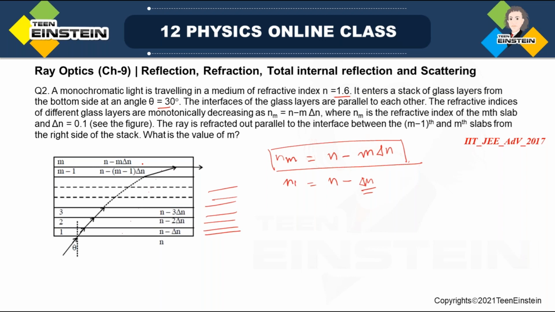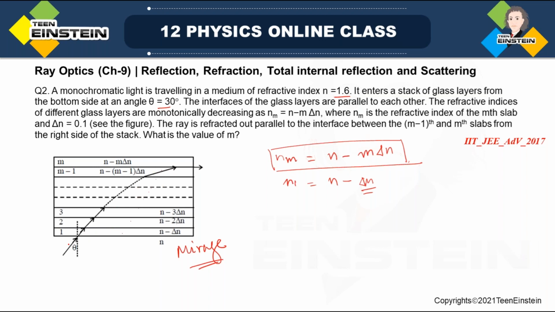Refractive index decreases, and this is the principle of mirage. With this principle, or with this fact, we can explain the mirage in the desert with this particular concept.